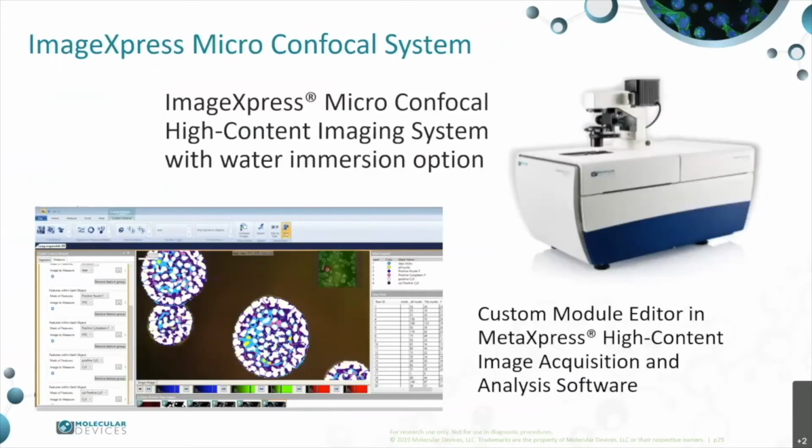So we offer the ImageXpress Micro Confocal imaging system with water immersion option, which allows very sharp and crisp resolution of these stacks in a volume of 3D tissues, and also the Custom Module Editor, which is an extension of MetaXpress software, which allows customized analysis of complex biology, including counting and analysis of objects within objects, and which could work with the system in 2D and also in 3D.